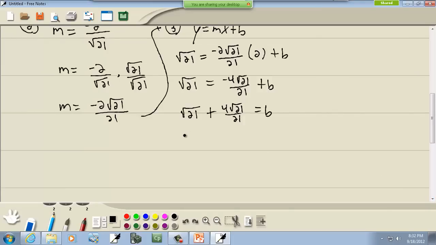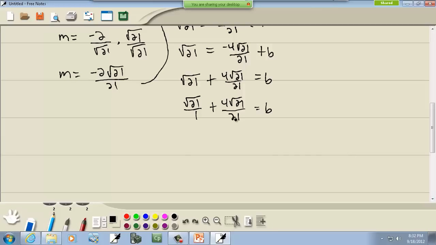Now we need to get a common denominator, and if we're going to get a common denominator, they both should be fractions. So I can put square root of 21 over 1. And since this is 1, that's trivial. Our common denominator is the other denominator, which is 21.